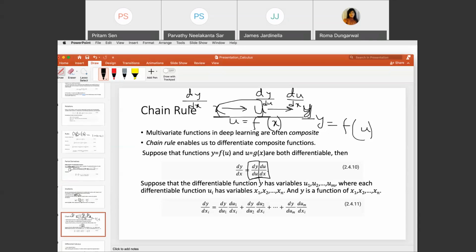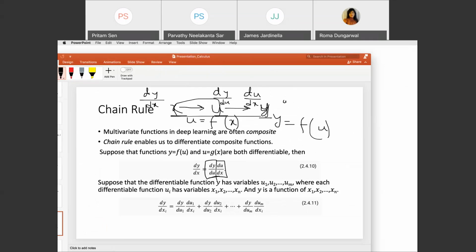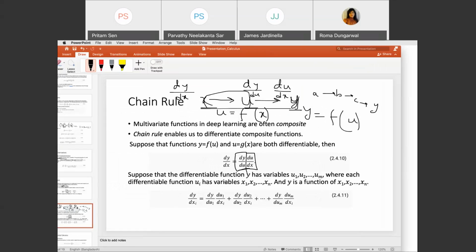There may be many other connections, where the path is very long, for example a, b, c. We can calculate the effect of any other parameter on y like this, following the chain rule. We just need to calculate the derivatives and multiply them all. And we can also apply partial derivatives here.